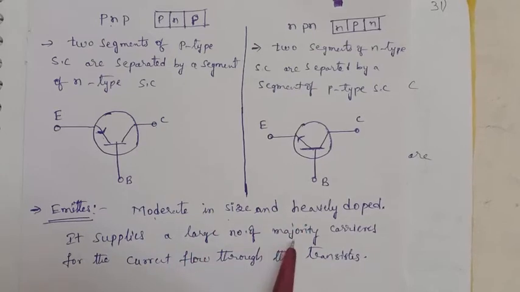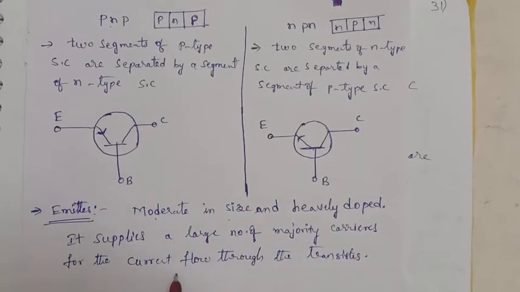It supplies a large number of majority carriers for the current flow through the transistor.